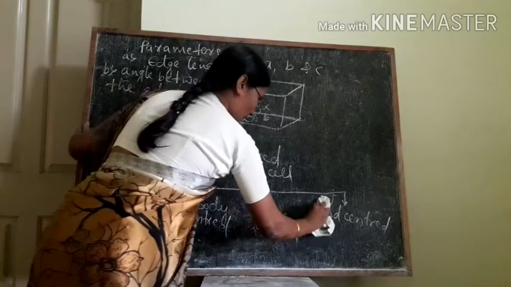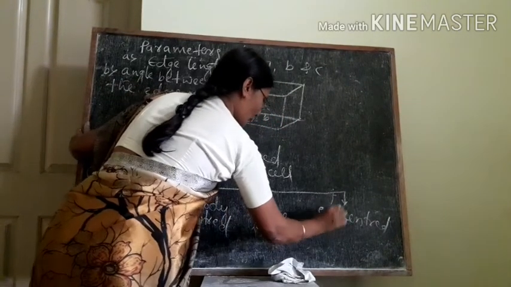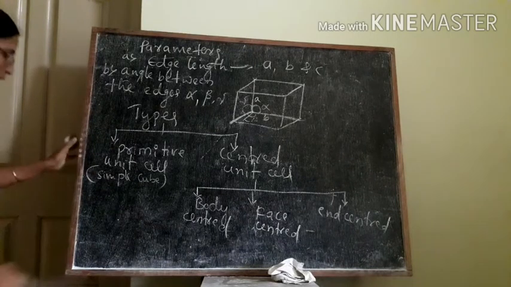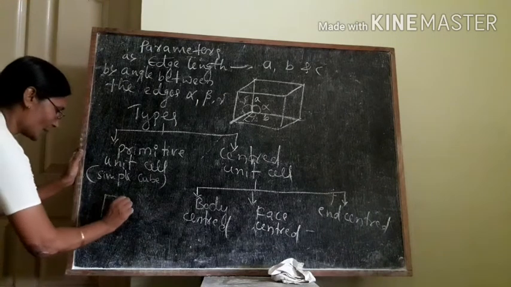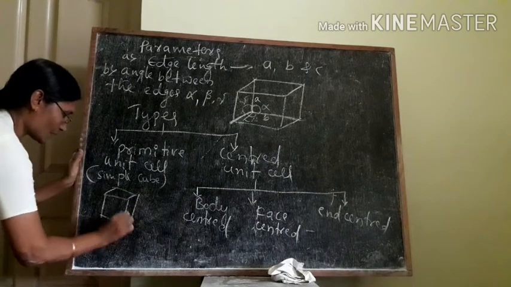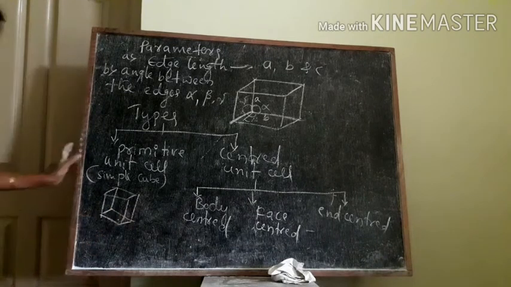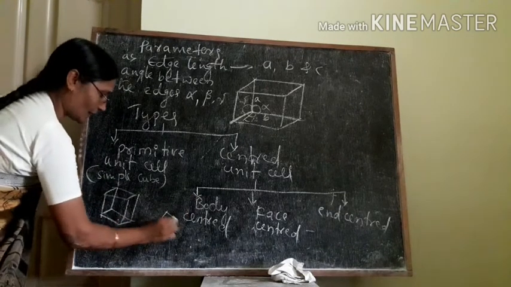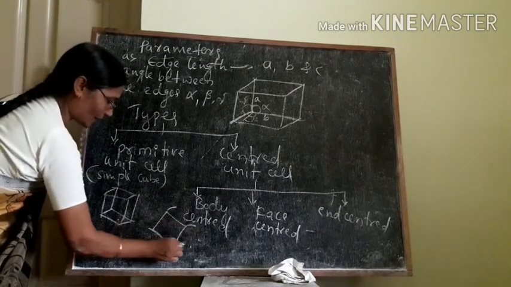Three different classes of centered unit cell: body centered, face centered, end centered. Okay, so primitive, I will represent one small diagram, simple cube. This is known as primitive. Okay, simple cube.